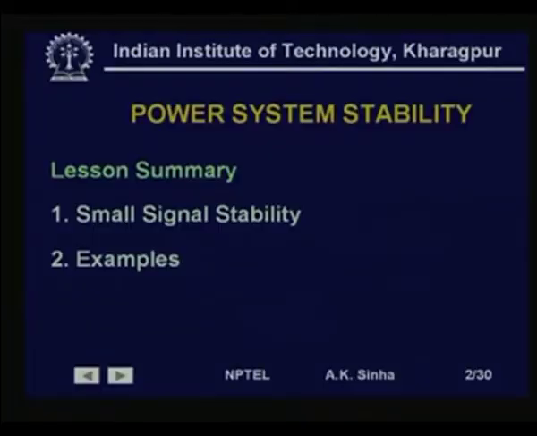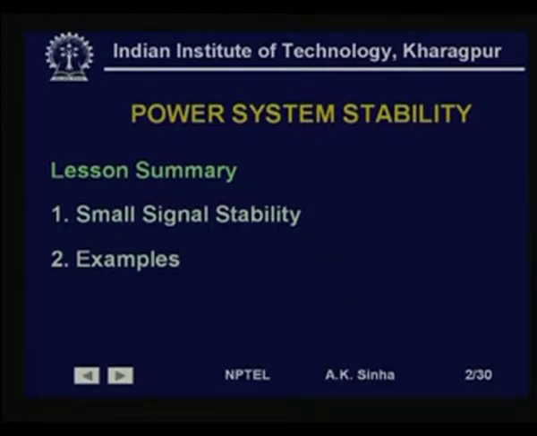Then we have seen that the power system swing equation that governs the dynamics of the rotor angle is a nonlinear differential equation, but when we are talking about small signal disturbances, then we can think of linearizing the system and use linear system analysis for this.